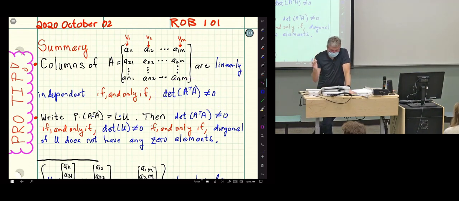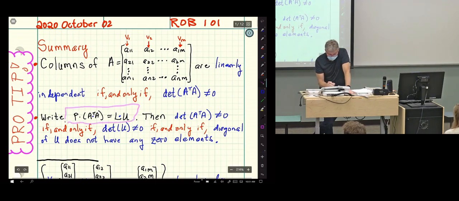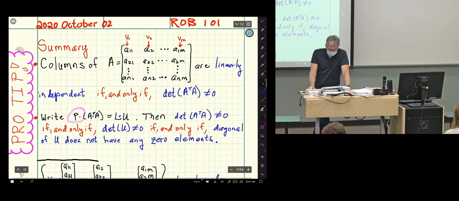And the way you check that is you write down an LU factorization of A transpose A. In principle, you may need to use the version with row permutations, but that's fine.